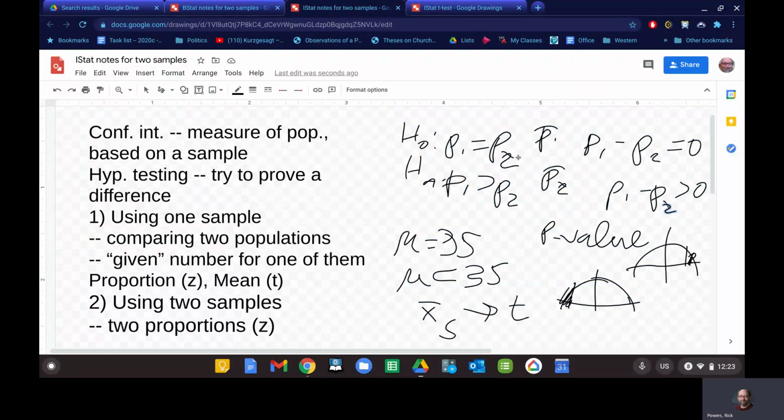And then if they're equal, the difference is 0. If one is greater than the other one, then that's greater than 0. And certainly we could flip it if, say, we just say Minnesota is P1 and Wisconsin is P2, well, then it'd be less than, if we have evidence that Minnesota has a lower proportion than Wisconsin. So there we are. There you have it, hopefully.